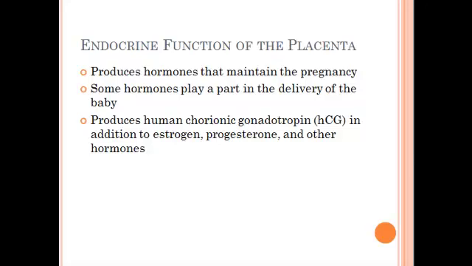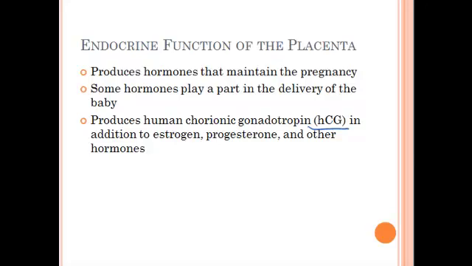The placenta produces a certain hormone that is very important called HCG, besides estrogen and progesterone, and this is important in early pregnancy. This keeps the pregnancy going. This signals the female body that she is pregnant, and basically tells her body not to have the menstrual cycle, not to get rid of that uterine lining because there's a baby growing there now.